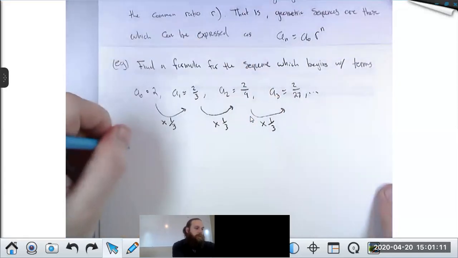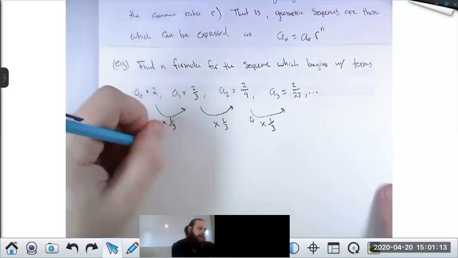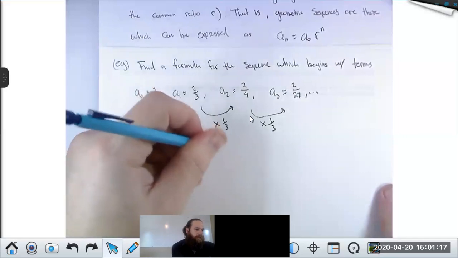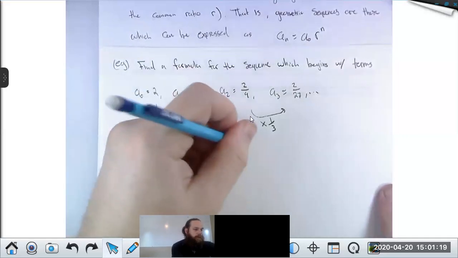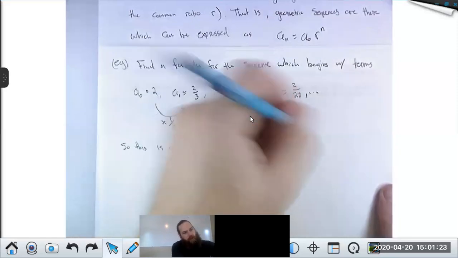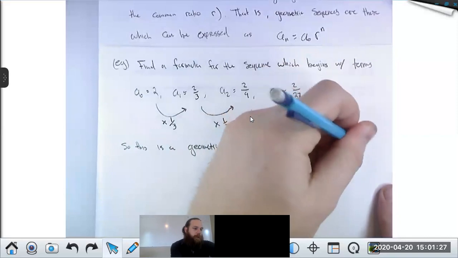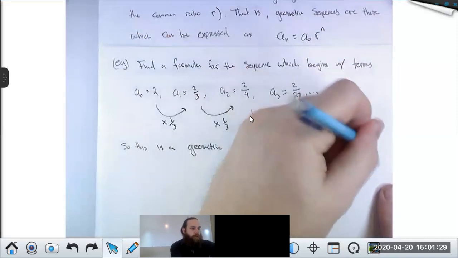So this is a geometric sequence with starting term A0 equal to 2 and common ratio R equal to 1/3.